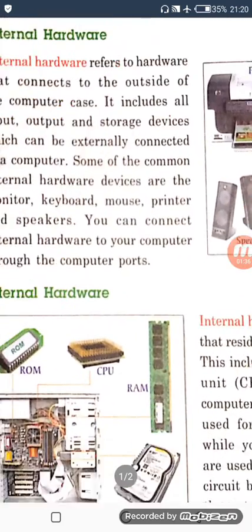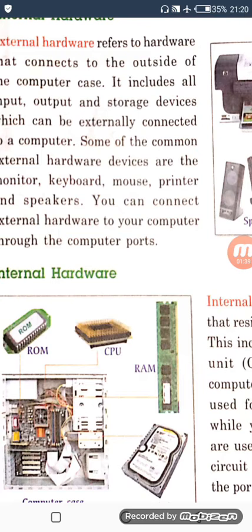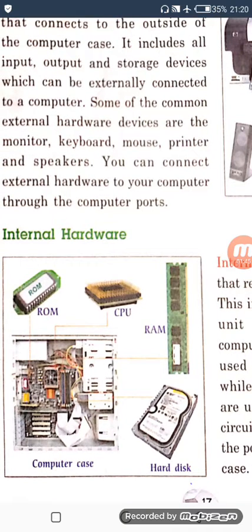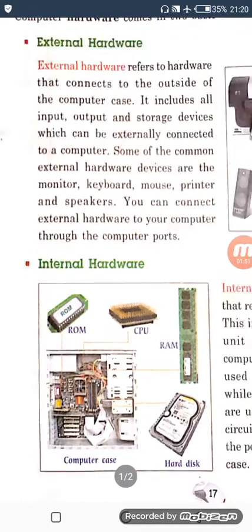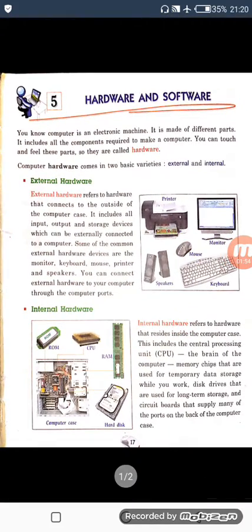And also we can touch the microprocessor, RAM, ROM, hard disk, and all those devices which are inside our computer case, or we can call it CPU box. We can touch all kinds of hardware, whether it is internal or external. We can also touch our storage devices like CDs, DVDs, pen drives, memory cards, all that. We can easily touch them because they are hardware, and hardware can be easily seen, felt, and touched. Okay, this is the definition of hardware.